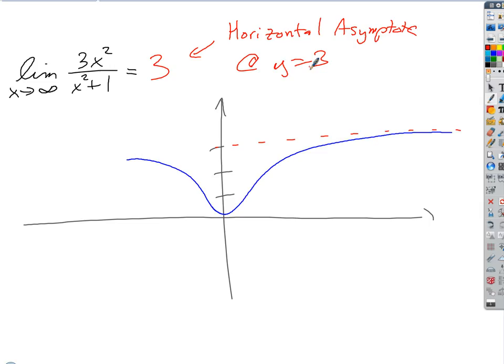If we worked backwards on this, if we did the calculus, which we're going to learn how to do, and we found, before we even sketched a graph of this, that there was a horizontal asymptote at y equals 3, well, we would know that the function at the tails would tend to stick to that asymptote. Now, we don't know yet if the function is above or below the asymptote, or if it crosses the asymptote.